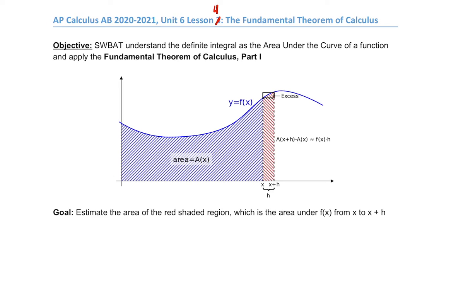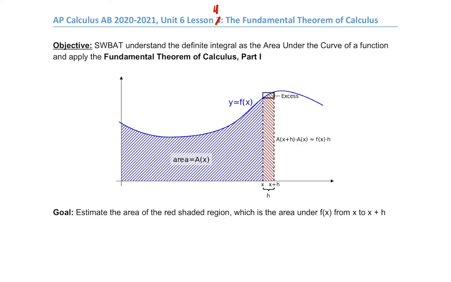So here we go. I want you to imagine we've got this function here, the blue line y equals f of x. And I've shaded under that blue line an area in blue that we're going to call capital A of x, which I'll explain in a second, and a smaller area shaded in red.